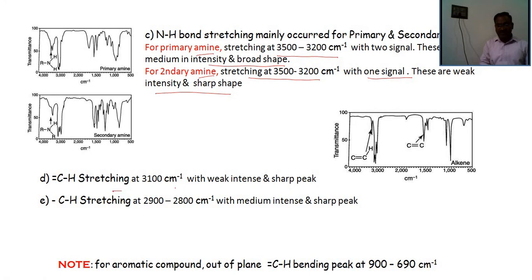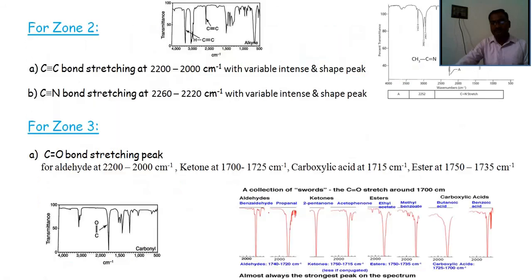The CH stretching at 3100 per centimeter has a weak intensity and sharp peak. The CH stretching at 2900 to 2800 per centimeter has a medium intensity, sharp peak. In zone 2, carbon triple bond stretching is at 2200 to 2000 per centimeter with variable intensity and sharp peak.